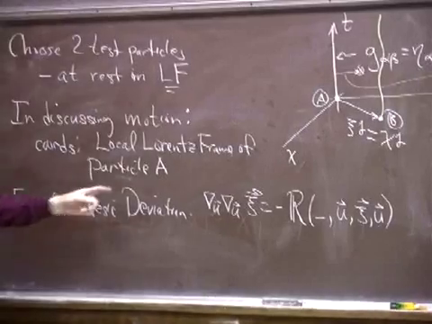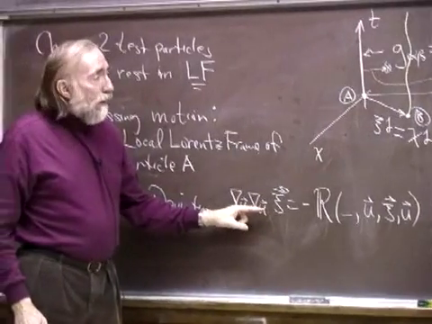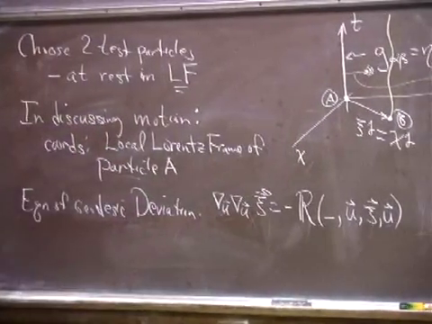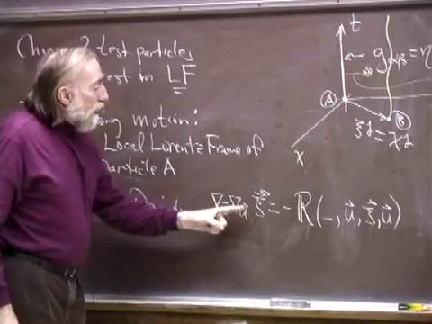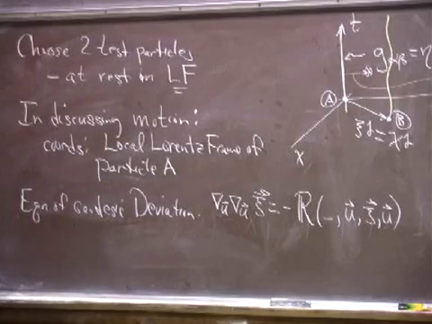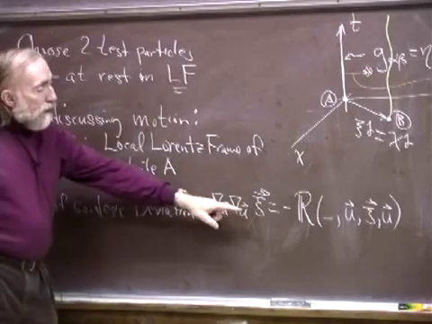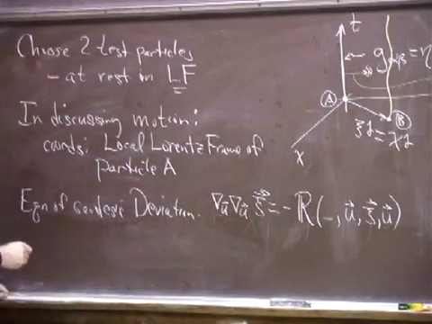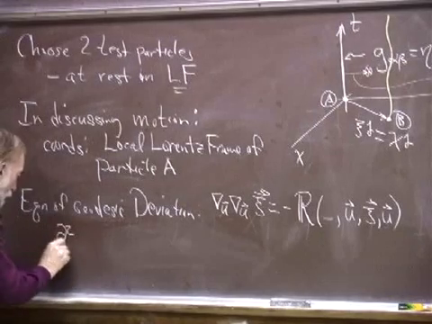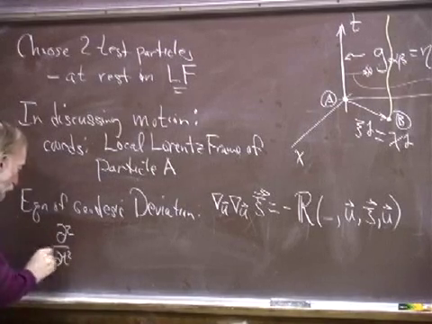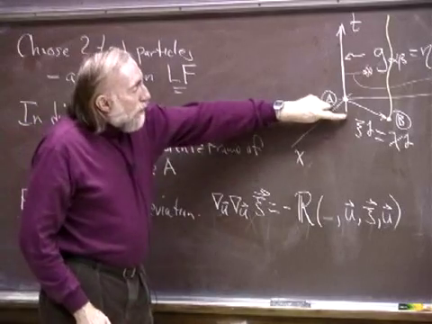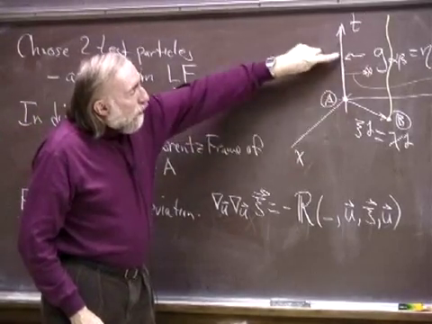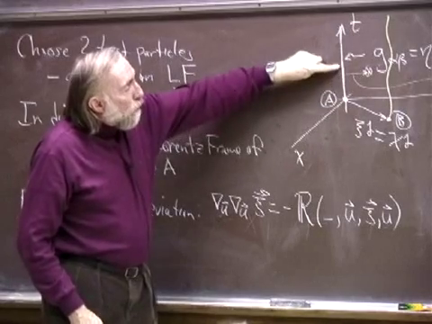And it is rather straightforward, and I think I also assigned this on the problem set, to verify that in this local Lorentz frame, the components of this equation simply reduce to a second time derivative, a partial with respect to the coordinate time.